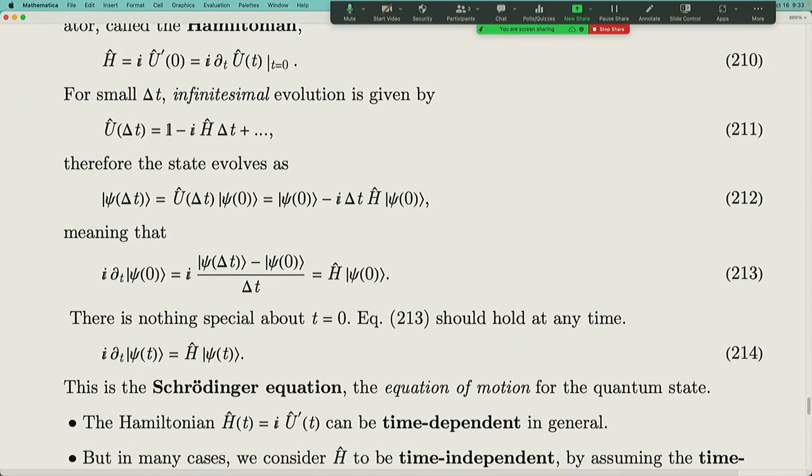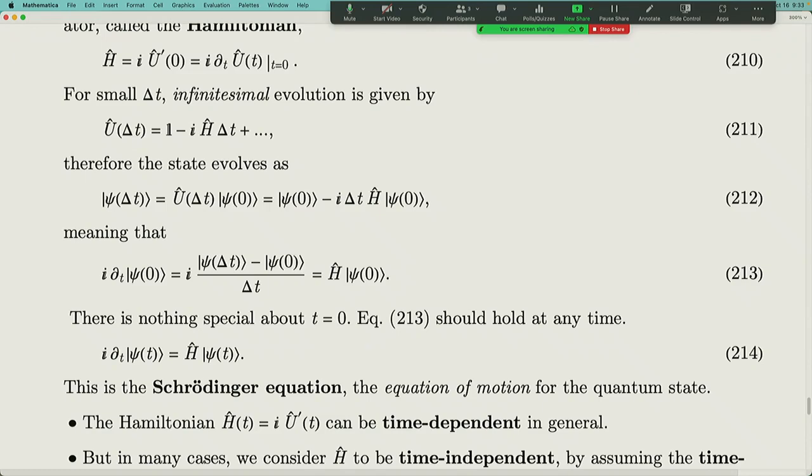Okay, so given that equation, you can basically move this psi 0 to the other side. That gives you an expression for psi delta t minus psi 0. So this is the difference between the time evolved state, evolved by an infinitesimal amount delta t, and the original state before the evolution.